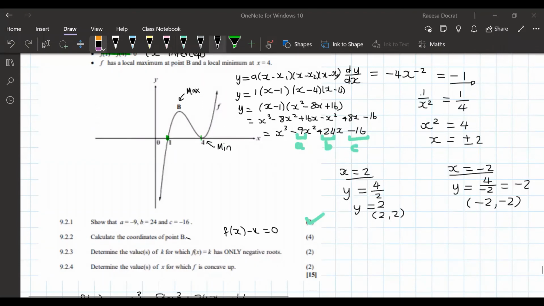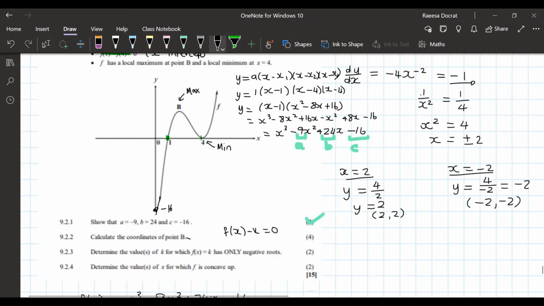So it says determine the values for which k has only negative roots. So we want to know when will it cut the x-axis on the negative side. Now on this graph you can't really see, but the y-intercept is minus 16. So we can view this as f of x minus k being how many times should we shift it up or down so that the y-intercept moves to the positive side, because then once that happens, it will cut on the negative side.